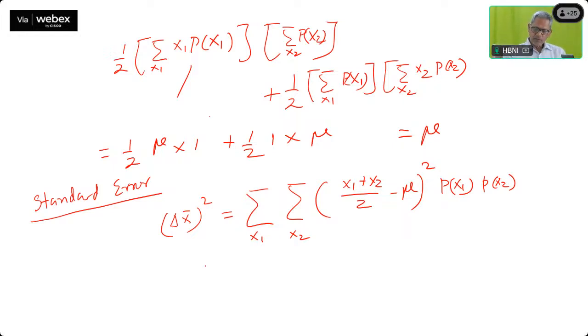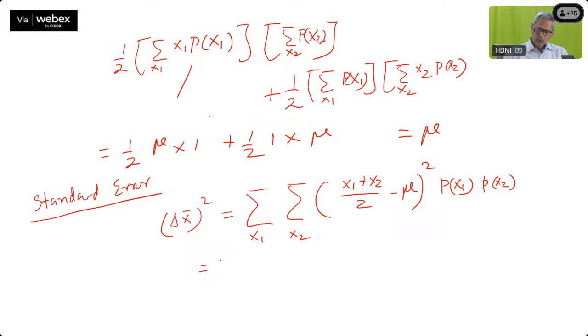This you can write equal to 1 by 4, since half you take out, so it became 1 by 4, sum over x1, sum over x2, of (x1 minus mu plus x2 minus mu) square.